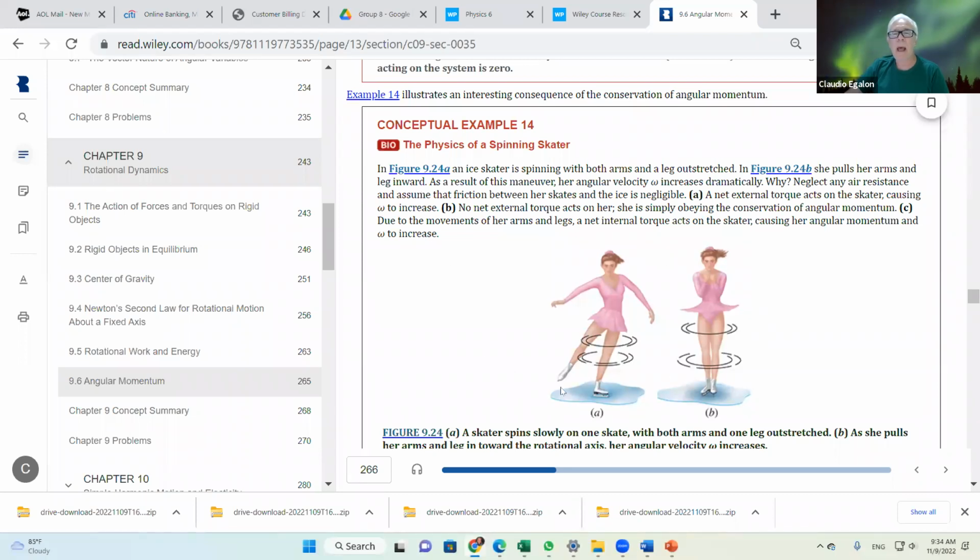Here they made the legs stretched also, right? I made a simpler model. In my model, the legs are together here and only the arms are stretched. Okay, neglect any air resistance.